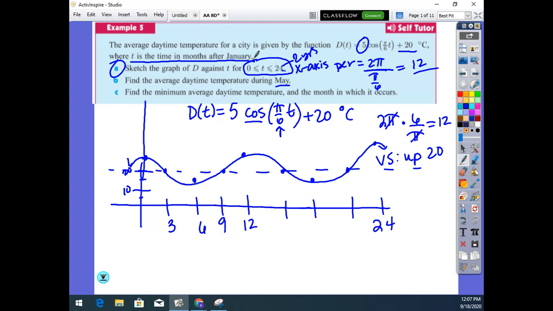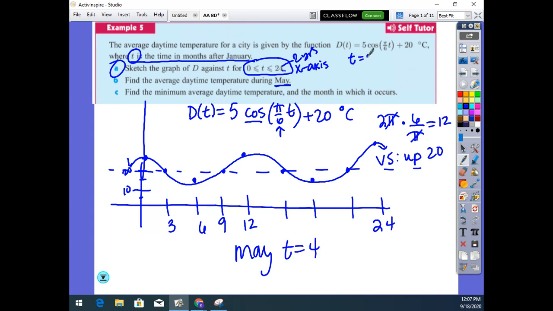So you got February, March, April, May. T equals 4. So what was important for this question is we had to think about T in terms of time in months after January.